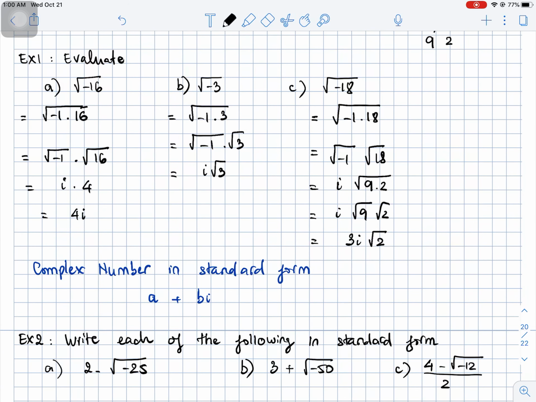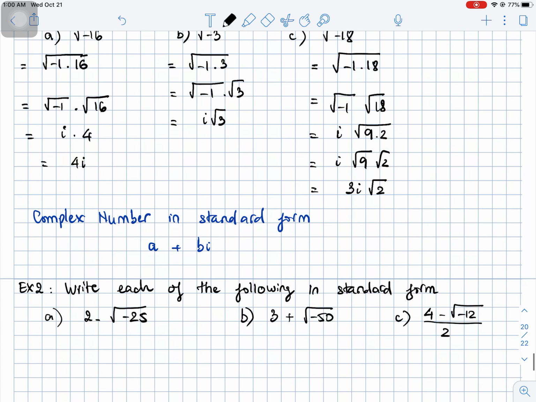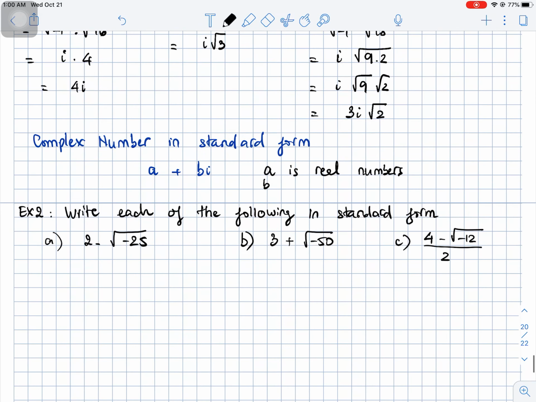The square root of negative 1 is i. 18 is 9 times 2. We will continue to separate the 9 and 2, and the square root of 9, the square root of 2. The square root of 9 is 3, so we got 3i square root of 2.